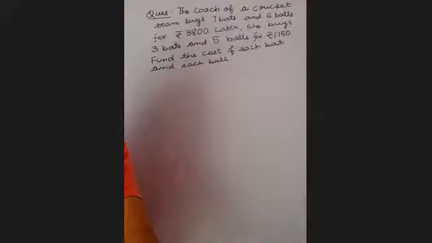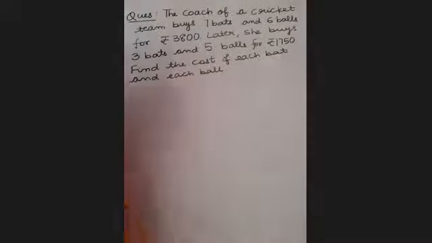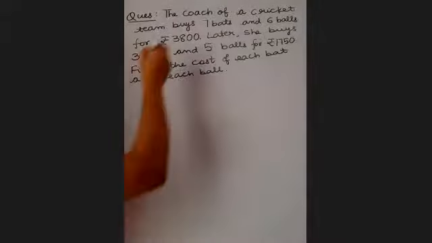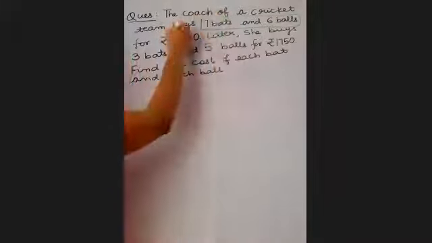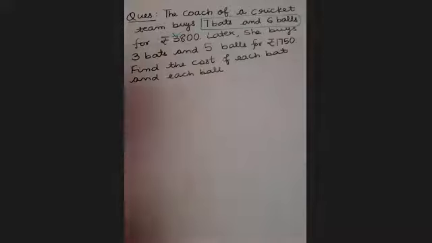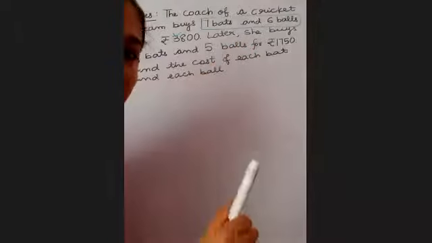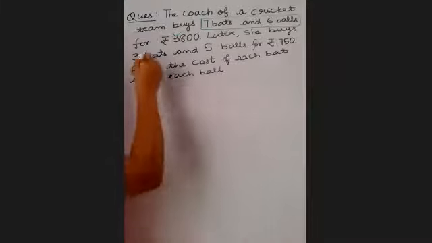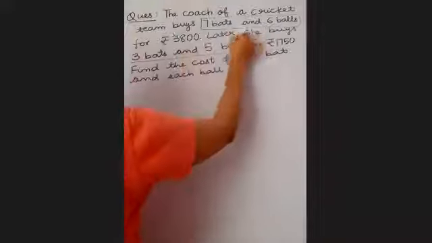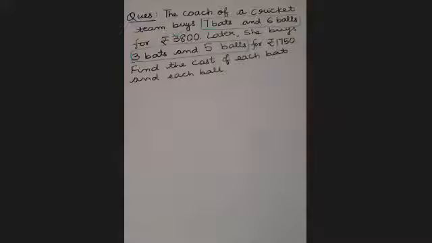The coach of a cricket team buys 7 bats and 6 balls for rupees 3,800. Later, she buys 3 bats and 5 balls for rupees 1,750.